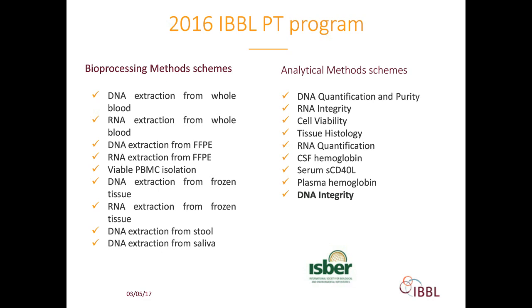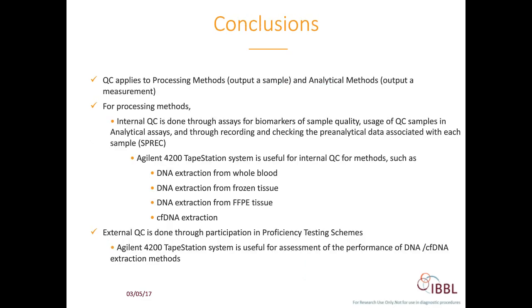Quality control applies to processing methods where the output is a sample, and to analytical methods where the output is a measurement. For processing methods, internal quality control is done through assays for different biomarkers of sample quality, through usage of quality control samples in analytical assays, and through recording and checking the pre-analytical data associated with each sample, the Standard PREanalytical Code, SPREC.